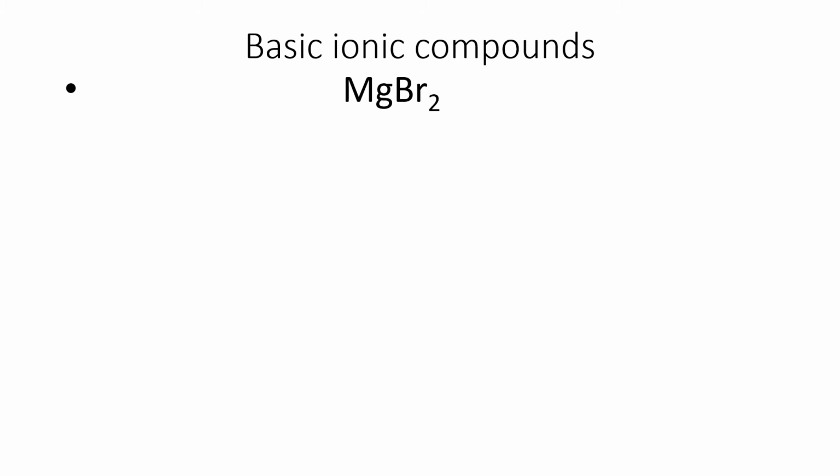When we look at our next example, MgBr2, so now we want to name this compound. First, are we dealing with an ionic compound? Well, you look at magnesium, that's definitely a metal when you locate that on the periodic table. Bromine is a nonmetal.